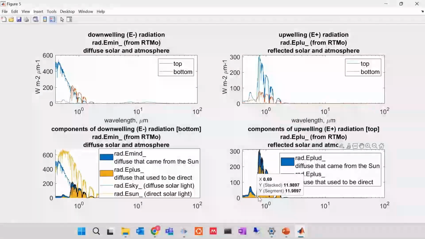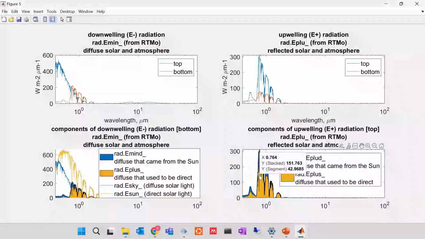Here, the same story, but we're talking about the top in this case. So it's a sum of E blue D, which is diffuse radiation that went down, was reflected and went up, and the direct radiation that went down and was backscattered from the leaves and went to the sensor.